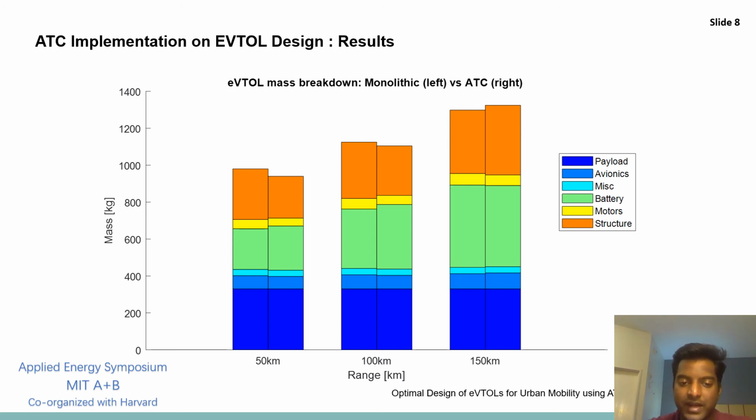Each color highlights a different component within the eVTOL system. And basically, the takeaway from this study is that ATC actually converges to something very similar to what you would expect from monolithic optimization formulation.